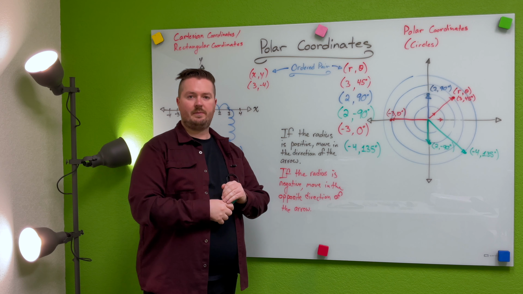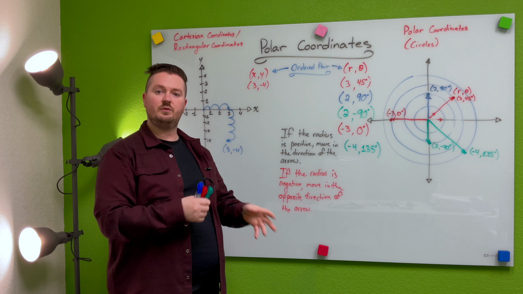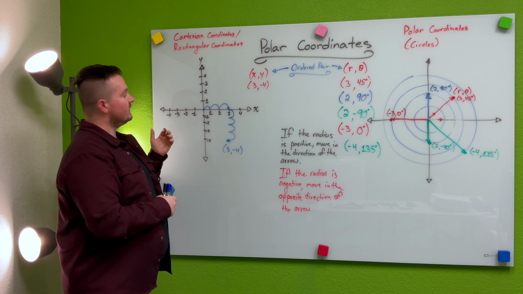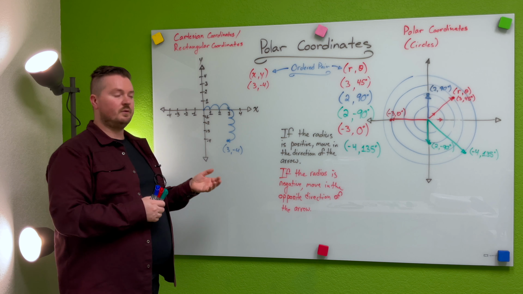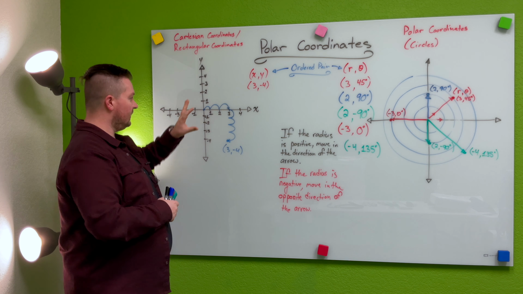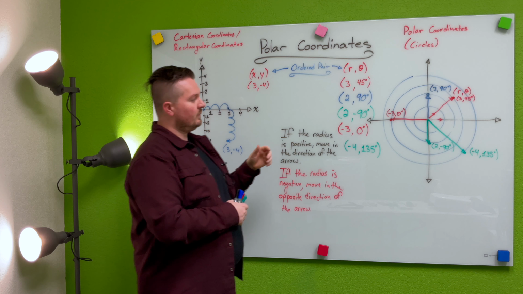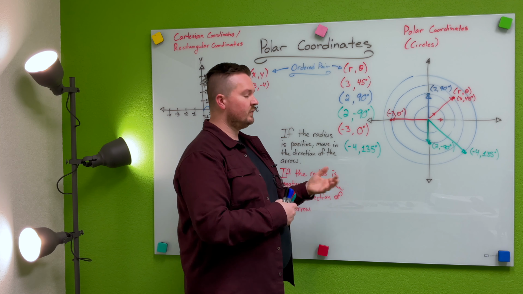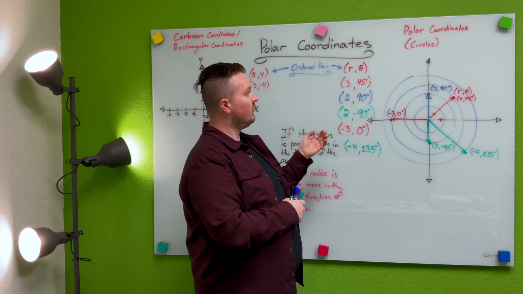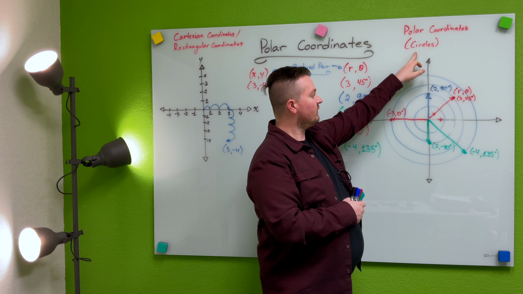So just a quick recap. The 2 common coordinate systems that you use in 2-dimensional spaces. The most familiar one is the Cartesian coordinate system, also known as the rectangular coordinate system, because the grid that we have with graph paper is rectangular. But this new coordinate system, which we like to use with circles or circular situations, is called polar coordinates. So again, with polar coordinates, we're thinking about circles.